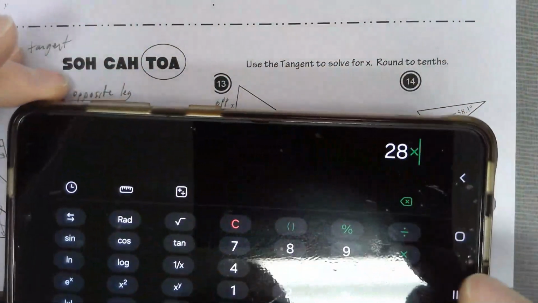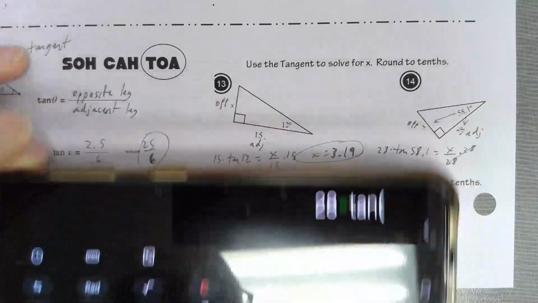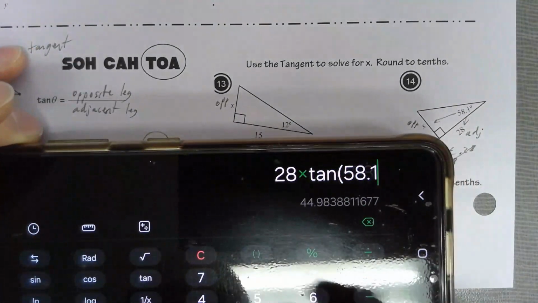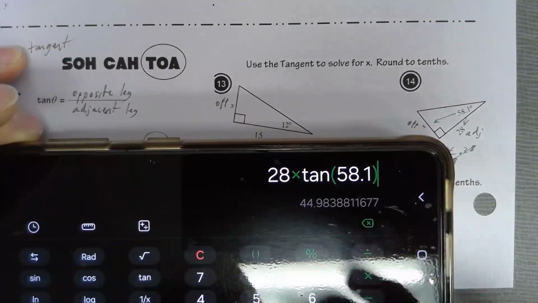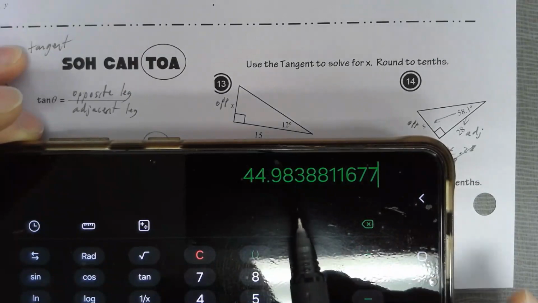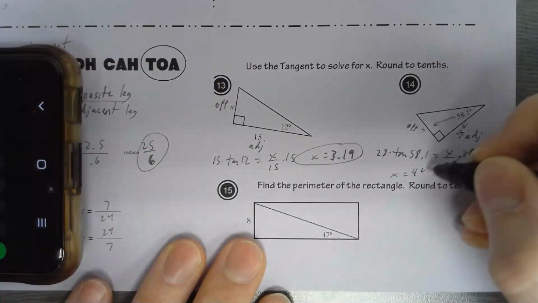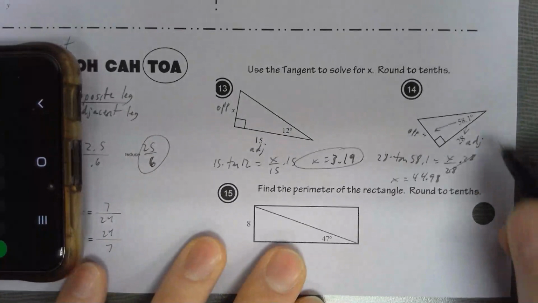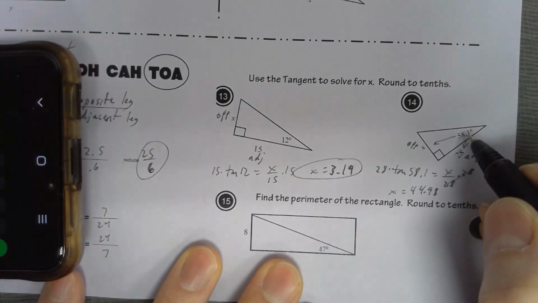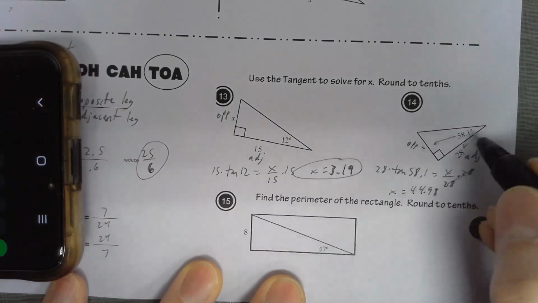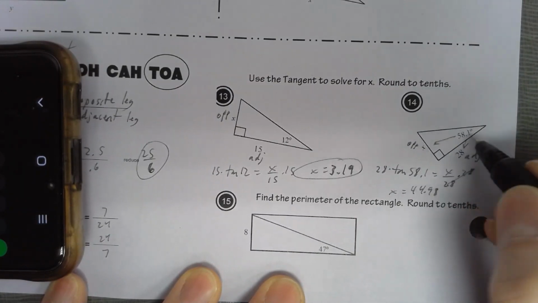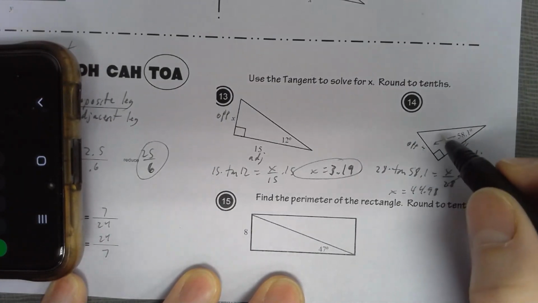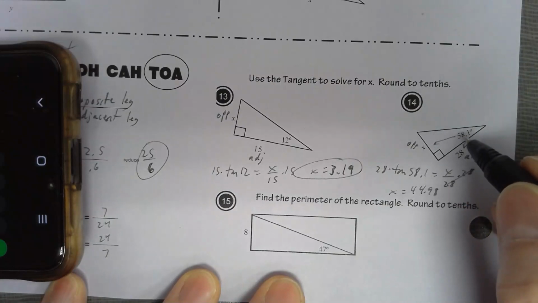28 times the tangent of 58.1. We get 44.98. The 58.1 will be the larger of the two angles, even though the drawing isn't to scale. 58.1 should be the bigger of the two acute angles, because the two acute angles should add up to 90, right?